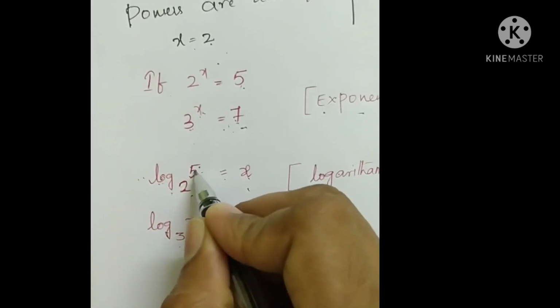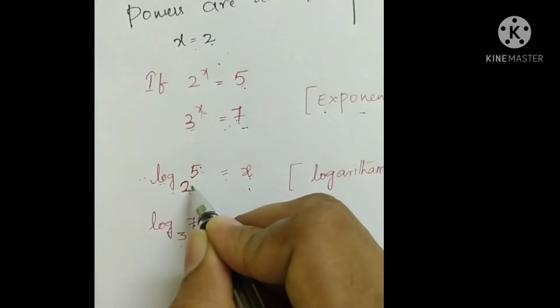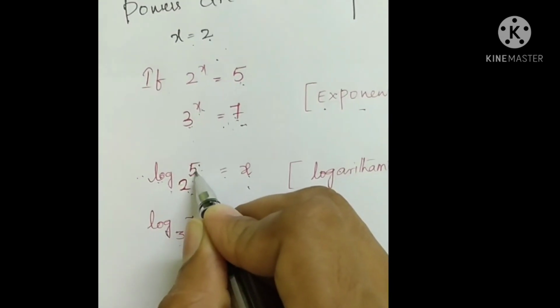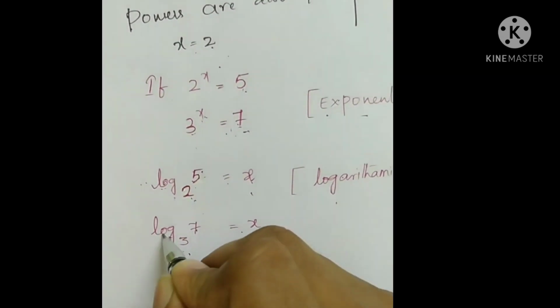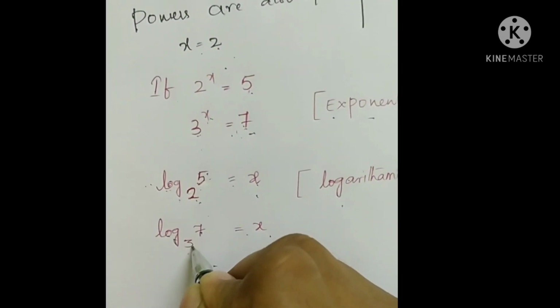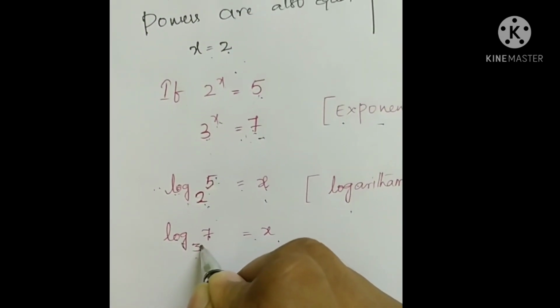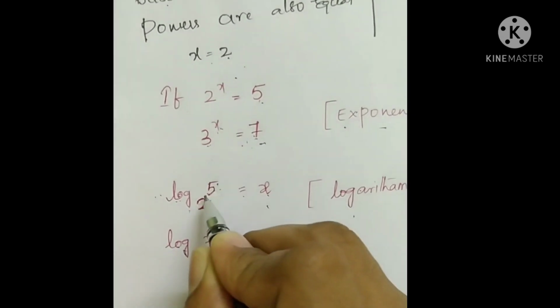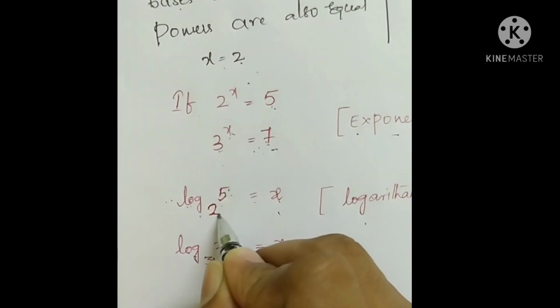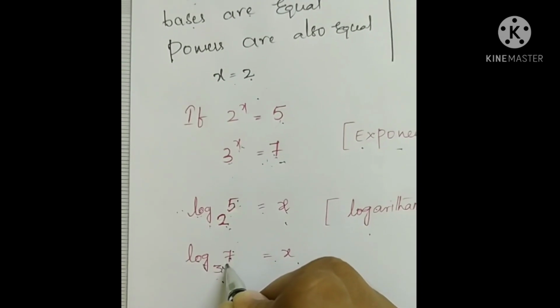Here log 5 base 2 means 2 power some value gives us 5. Also, log 7 base 3 means 3 power some value gives us 7. These types of power values are always irrational numbers.